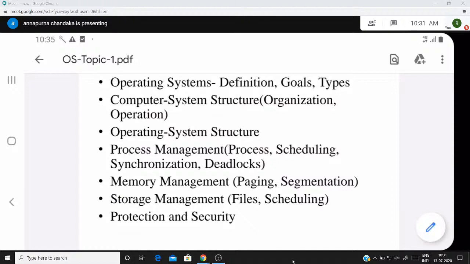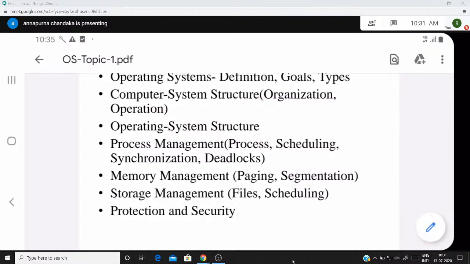And coming to the next topic of discussion, the operating system structure. What is operating system structure in a sense? Whenever you want to invent an operating system, what are the various components involved, and how these components communicate with each other is called operating system structure.